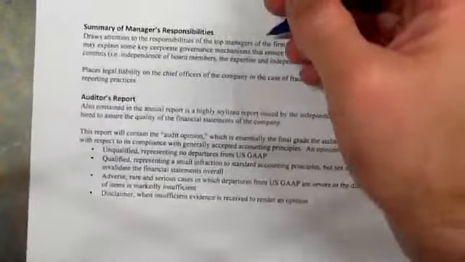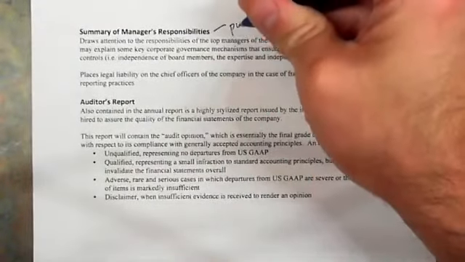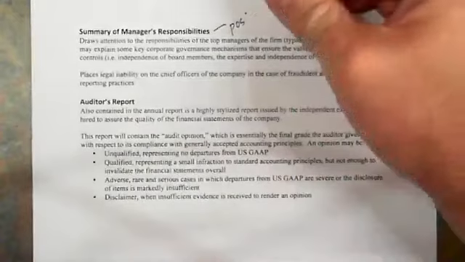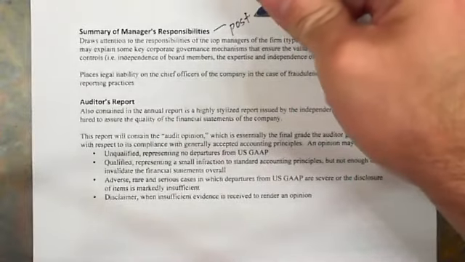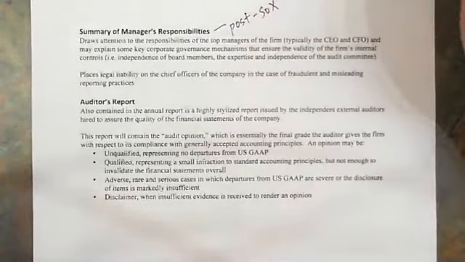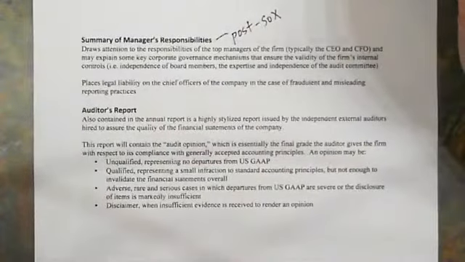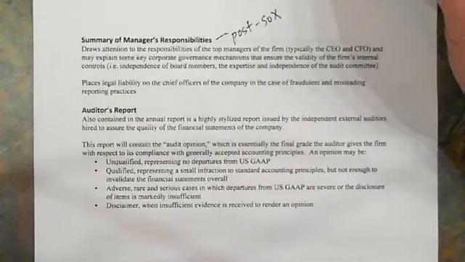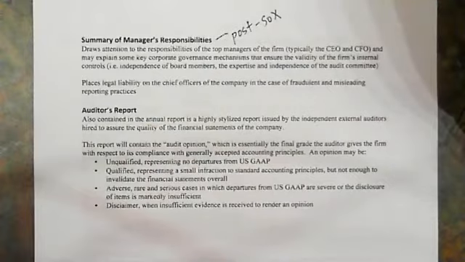After SOX, post-SOX, we now have this summary of management's responsibilities. It's something that came around because we decided that the CEOs and the CFOs needed to be held to the fire when it came to safeguarding the integrity of the financial statements and the financial reporting mechanism.